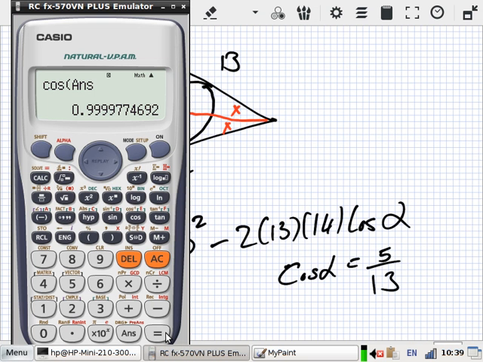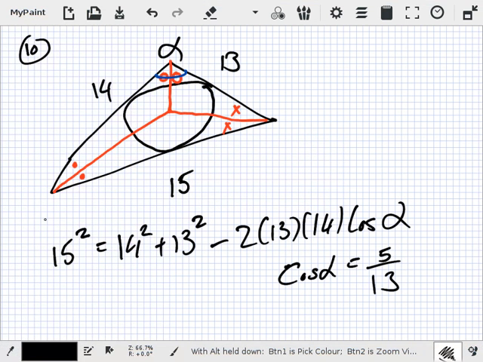I didn't press cos inverse. Can I go back? Shift cos inverse 5 over 13. 67. Right. I'm going to save that as A. That's my alpha. Let me do the same thing for the other two.